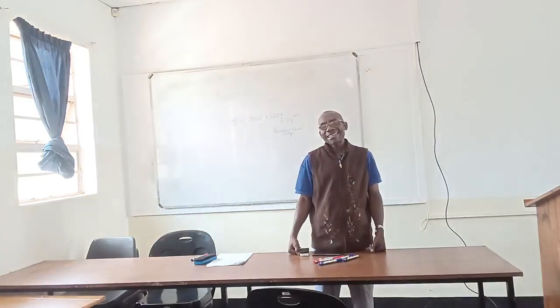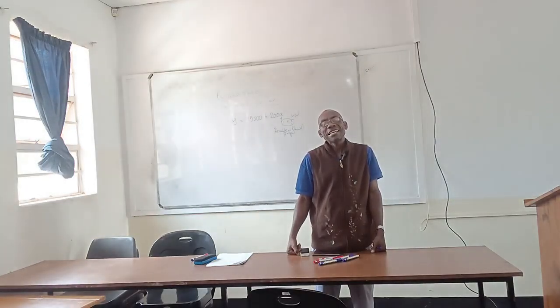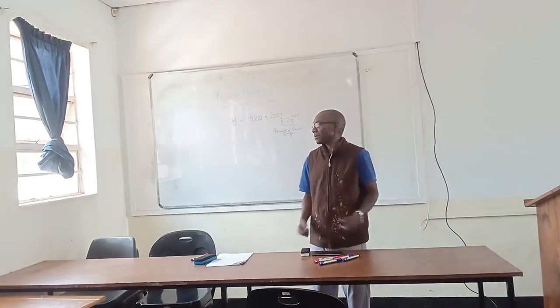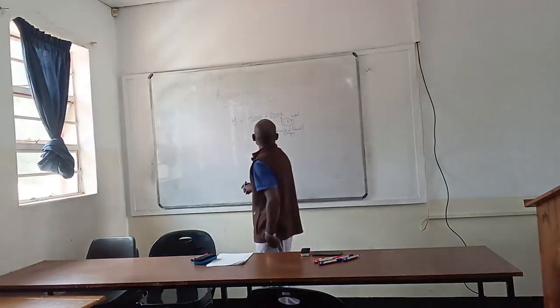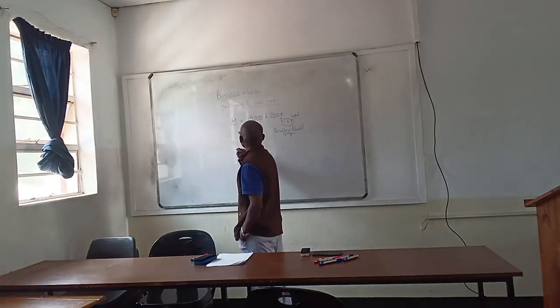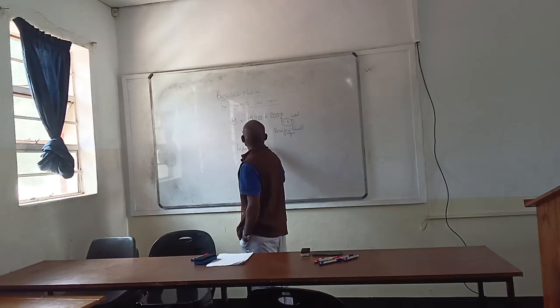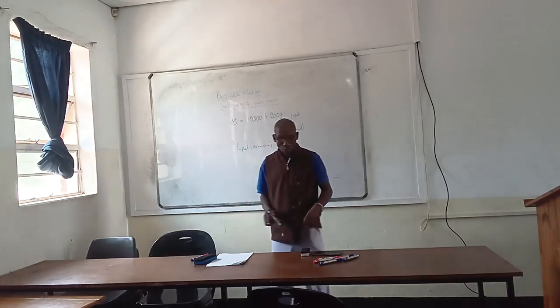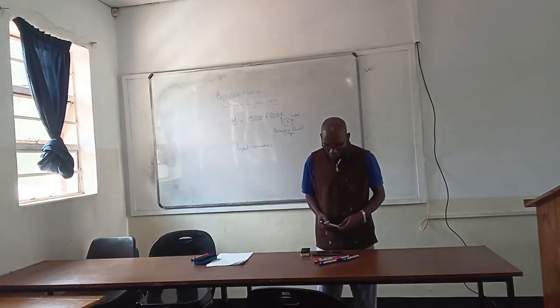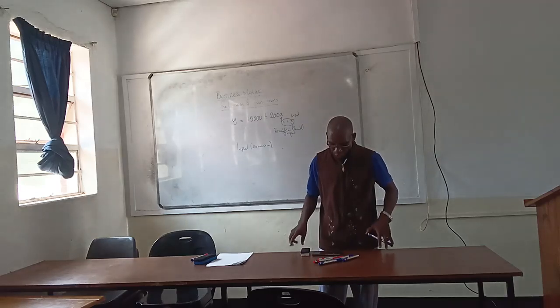A domain is the same as the input. So we have got input is a domain. The word input is the same as a what? Domain. All right. So the domain is the input.